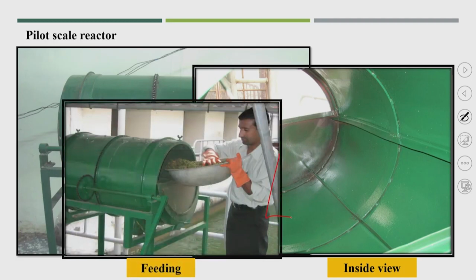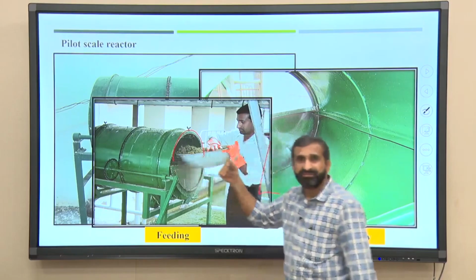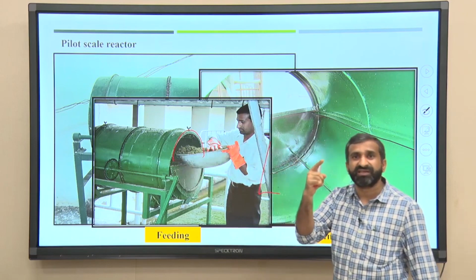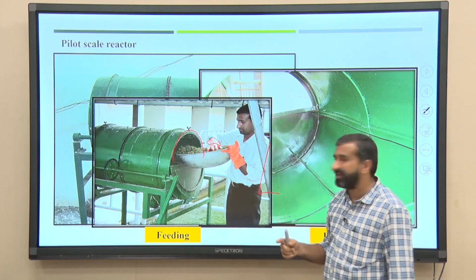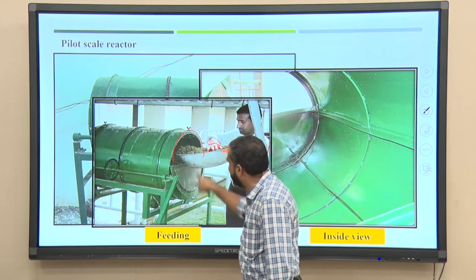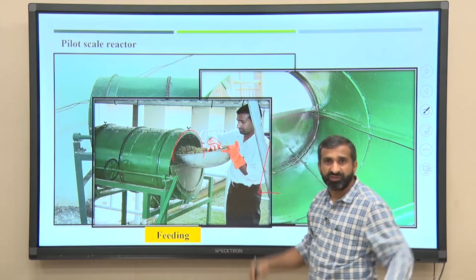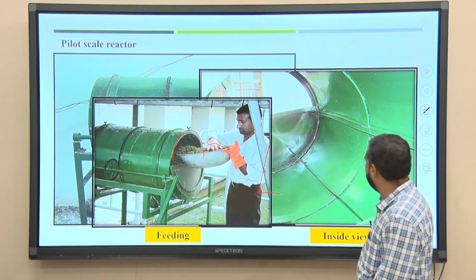This is the inside view, this is the feeding. While feeding we feed through the opening, and while turning you close the opening and turn. Only one turn a day is required for the degradation, and after turning you can open the doors so that aeration is possible.